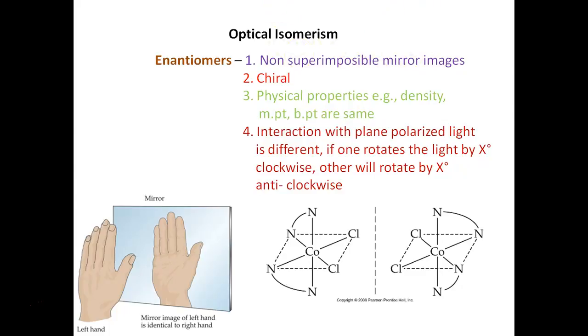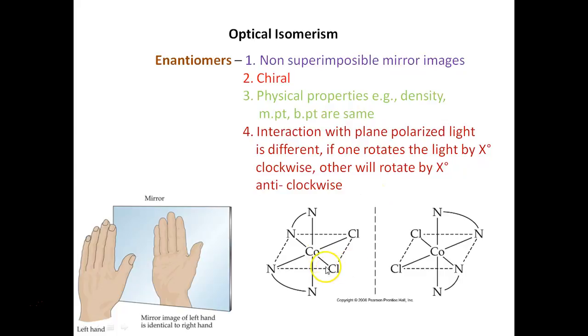Similarly, if this relation is displayed by the isomers, then they form a chiral molecule, and their physical properties are almost the same, only they differ in how they interact with plane polarized light. If one rotates the light by x degrees clockwise, then the other will rotate it by x degrees anti-clockwise.